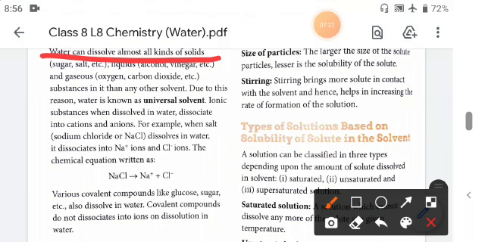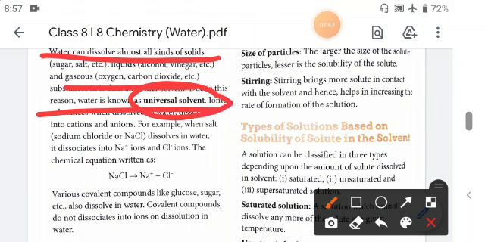It can also dissolve liquids like alcohol, vinegar, etc. and many gases are also dissolved into water. So why is water called the universal solvent? Since it dissolves almost all solids and many liquids and gases, that's why it is called the universal solvent.